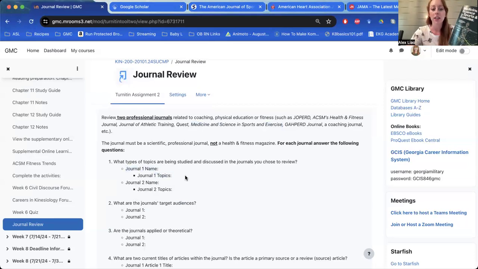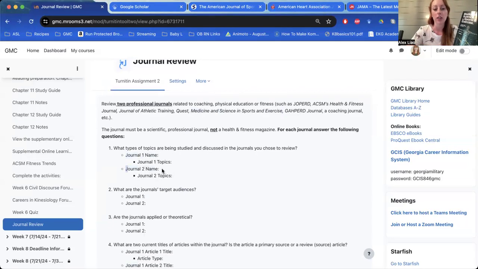And then topics are going to be what is this specific journal, what do they talk about overall, what are the topics that they talk about within their journals. And then you'll do a second journal, so a different one. So if you want to do the Journal of Athletic Training, or the American College of Sports Medicine Health and Fitness Journal, and I'll show you a few others as well that I really love.